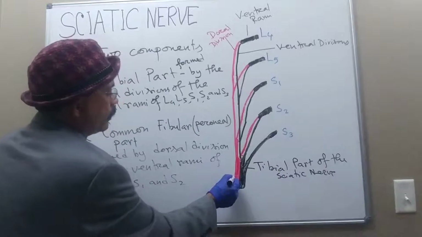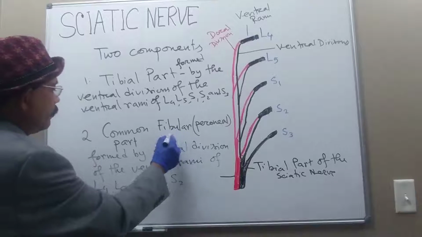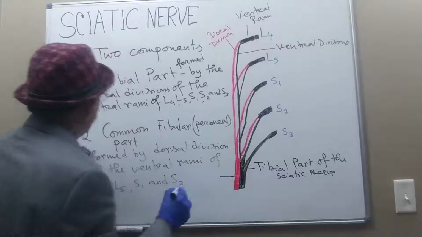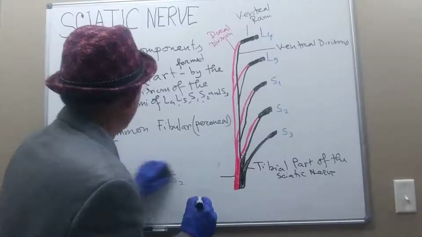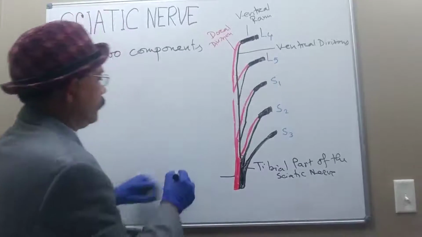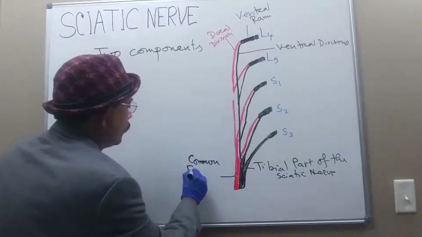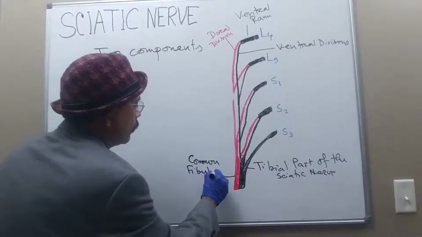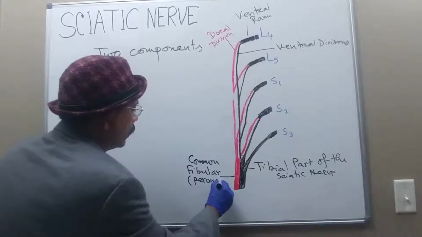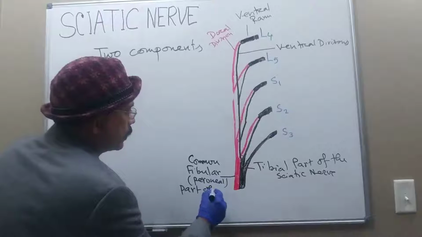This red is the common fibular part of the sciatic nerve, also called peroneal, the old term.